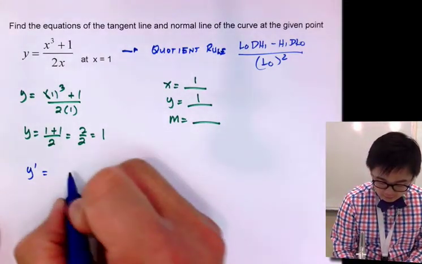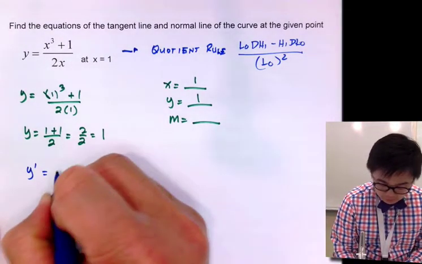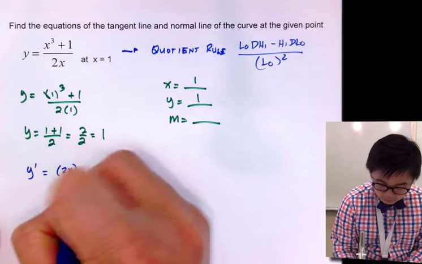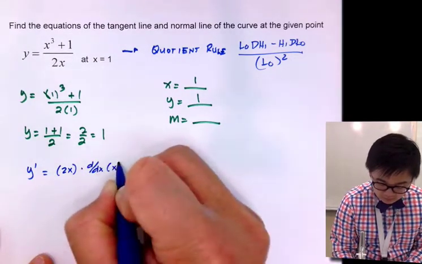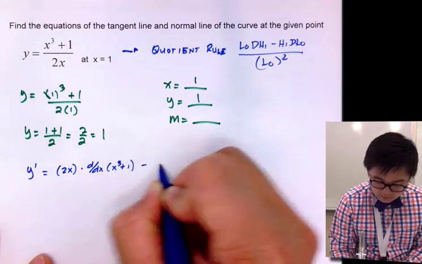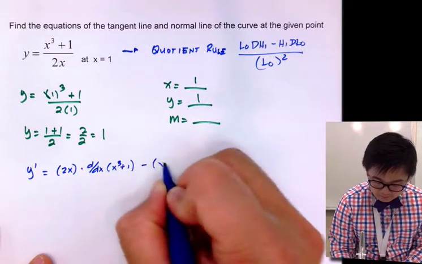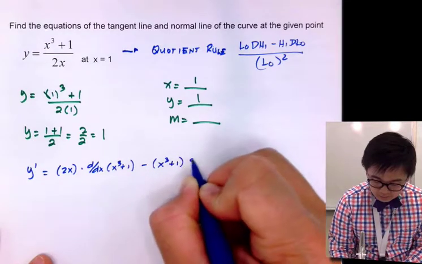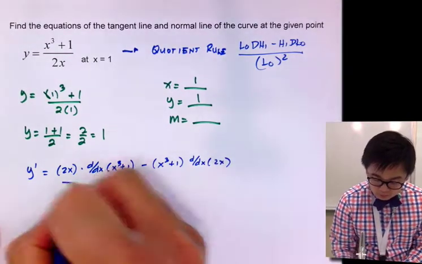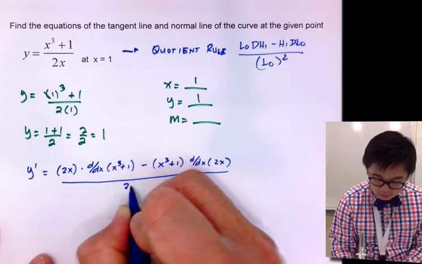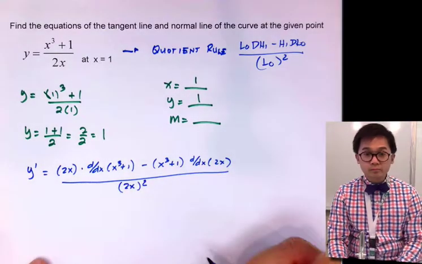So we'll have low, which is 2x, times the derivative of high, which is x cubed plus 1, minus high, times the derivative of low, all over low squared.